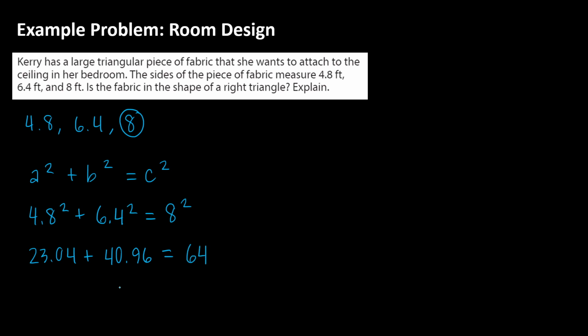So let's see. So 40.96 plus 23.04 is actually 64. What do you know? So the left side does equal the right side. A squared plus b squared does equal c squared. So yes, it is a right triangle.